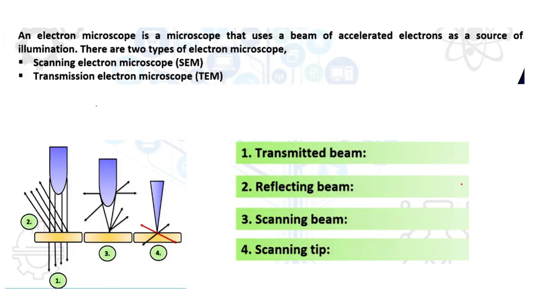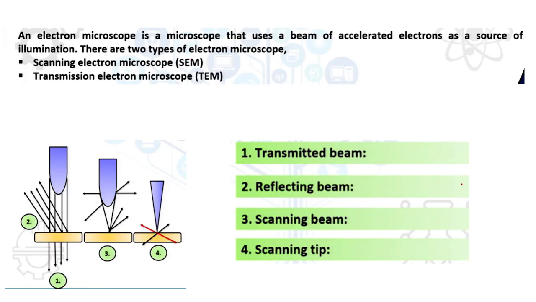So we have discussed why we should go for the electron microscope, because to probe deeper or to magnify a few lakhs times, we must go for the electron microscope.